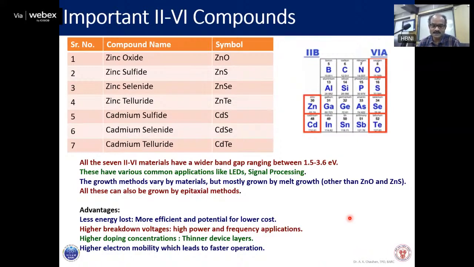Since they can be prepared with a high doping concentration, thinner device layers are sufficient. And high electron mobility exists in these semiconductors, and therefore the operation is very fast. So faster device operation is achieved.